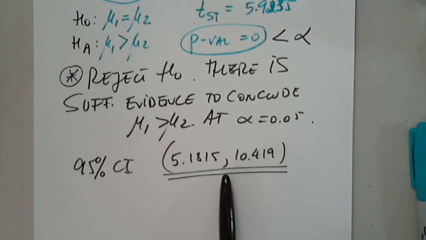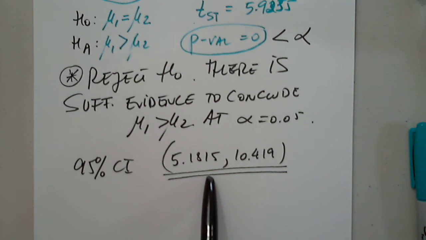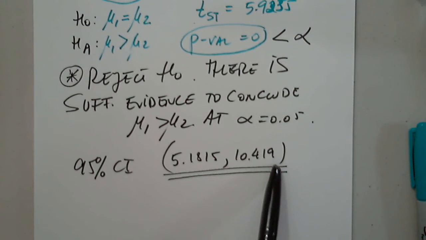Does the interval contain 0? No. So what does it mean? Are they equal? No. So this interval is consistently positive.